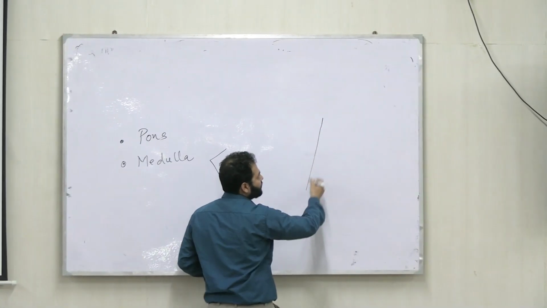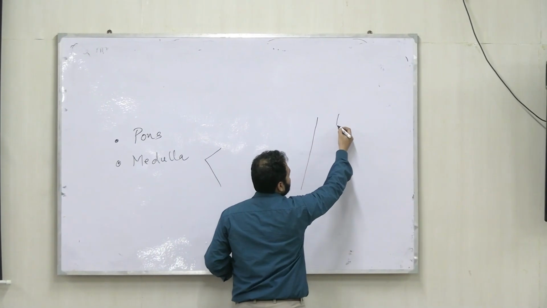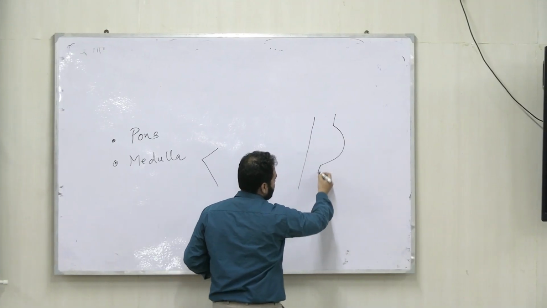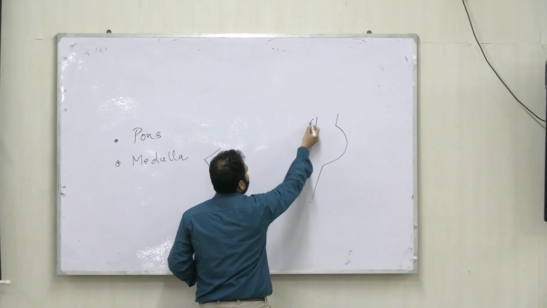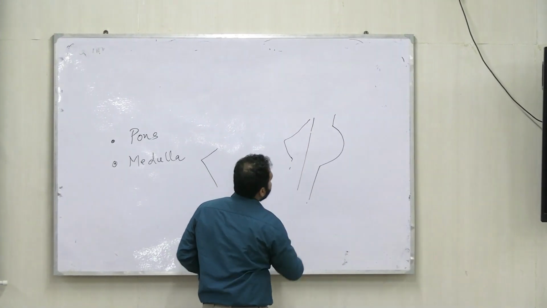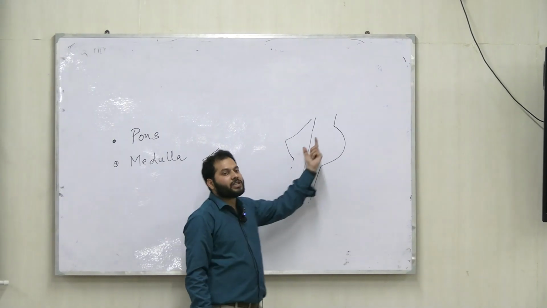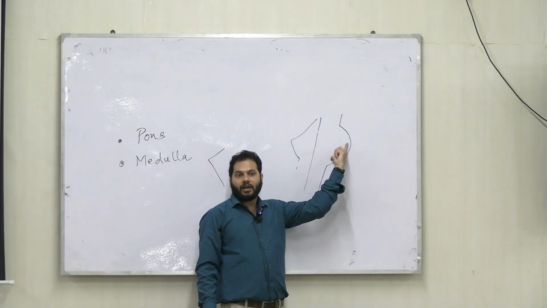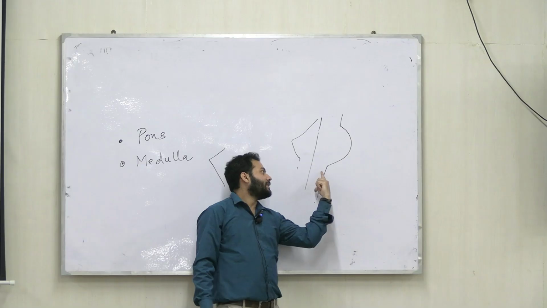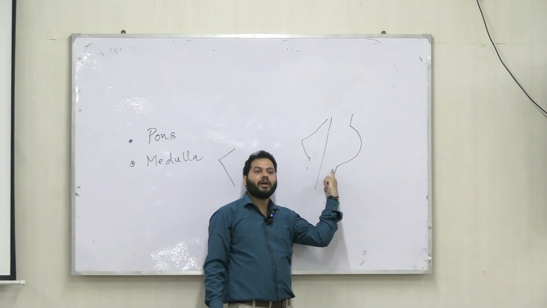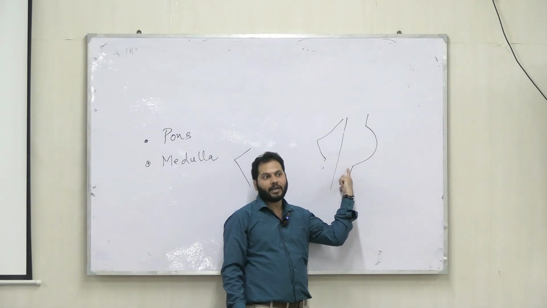See, this is the pons area, right? And this part is the medullary region of the brainstem, right?